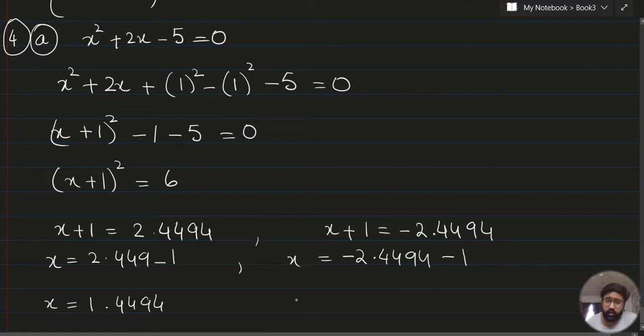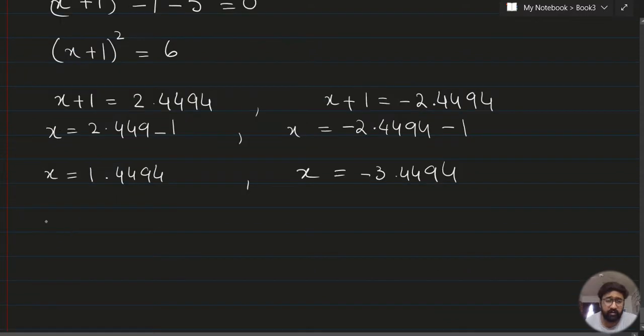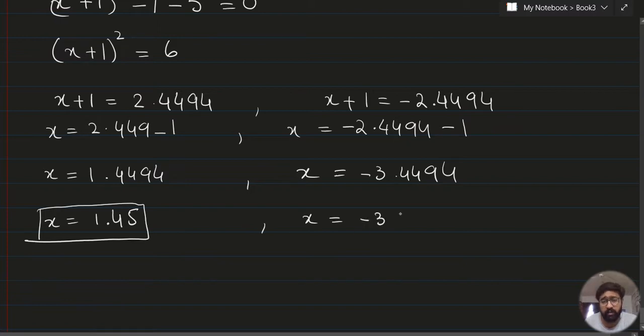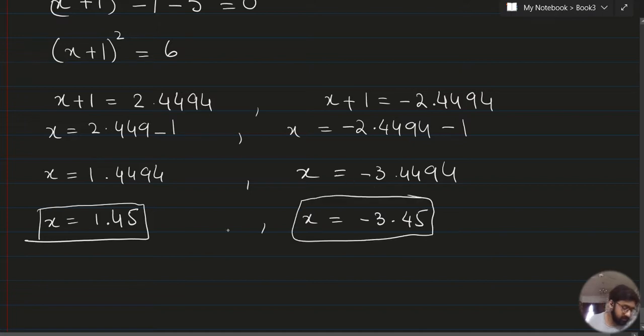We are definitely going to round it off to 2 decimal places, and from this side minus 3.4494. So if we round it off, the two answers of x are going to be 1.45. This is one value of x, and the other value of x is going to be minus 3.45. These are going to be the two values of x.